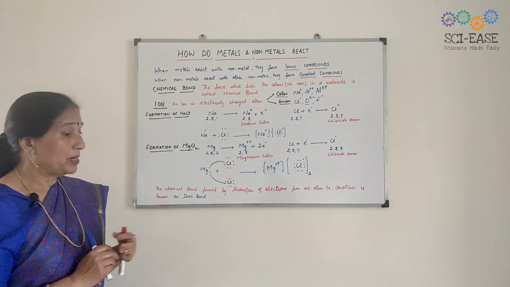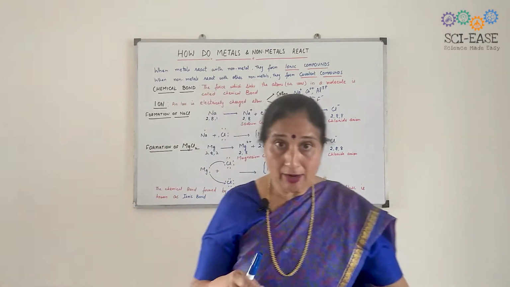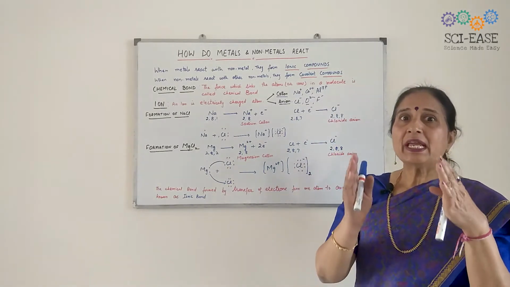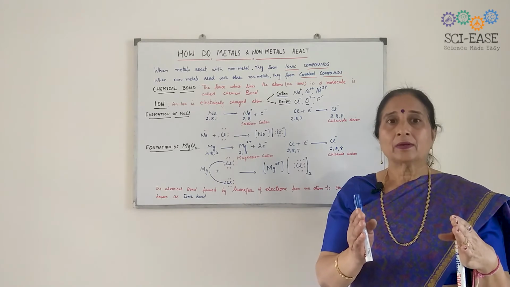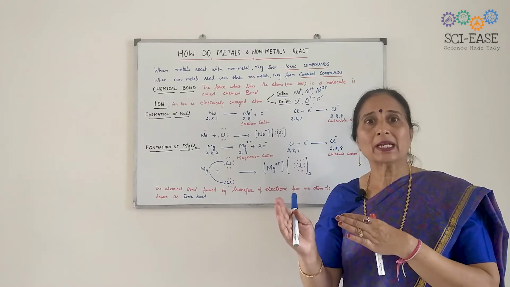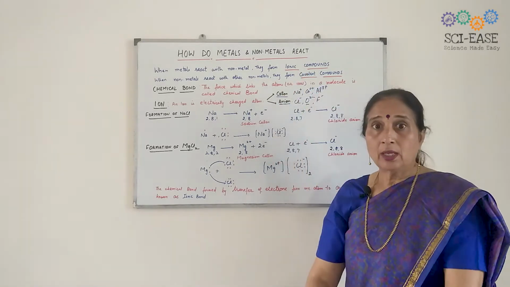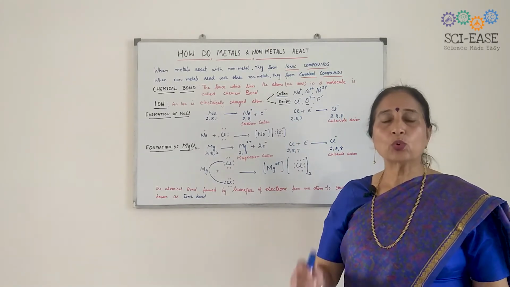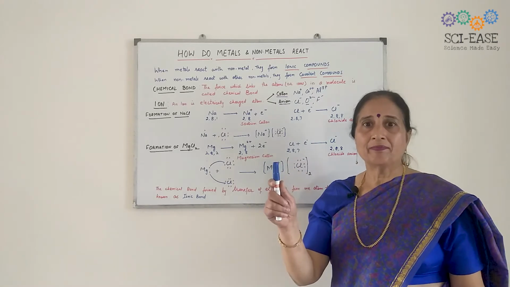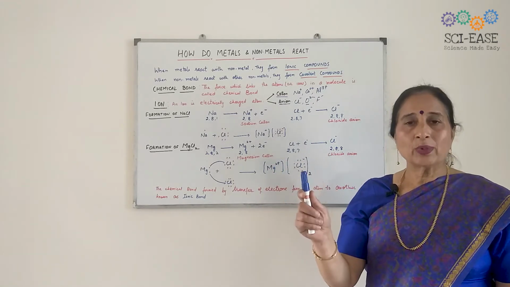That is a must. And one thing which I have told you, every atom has a tendency to acquire the nearest noble gas configuration. You know the 18th group elements, the noble gases. Only the first one, helium, has 2 electrons.